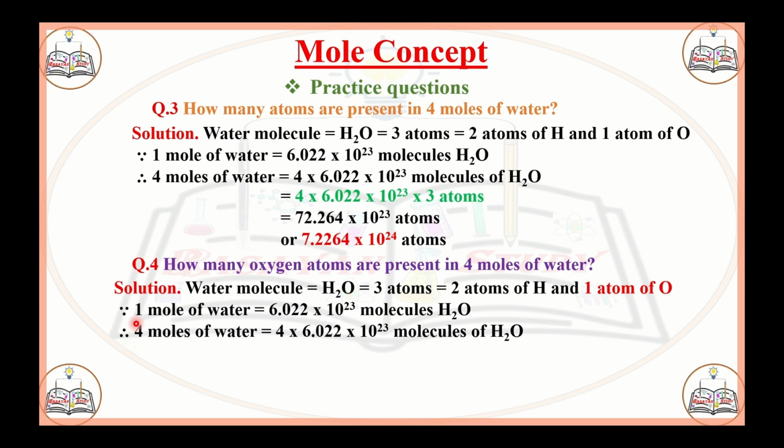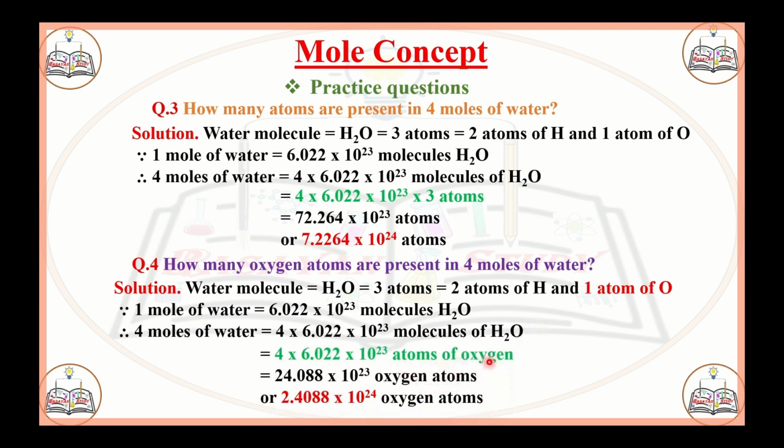So 4 moles will have this many molecules of water. But when you convert it to atoms of oxygen, you don't have to multiply by anything extra, because 1 molecule of water has 1 atom of oxygen. So simply multiplying Avogadro number with 4 will give you the answer this time. That is 2.4 × 10^24 oxygen atoms are present in 4 moles of water. Hope this clears all your doubts.